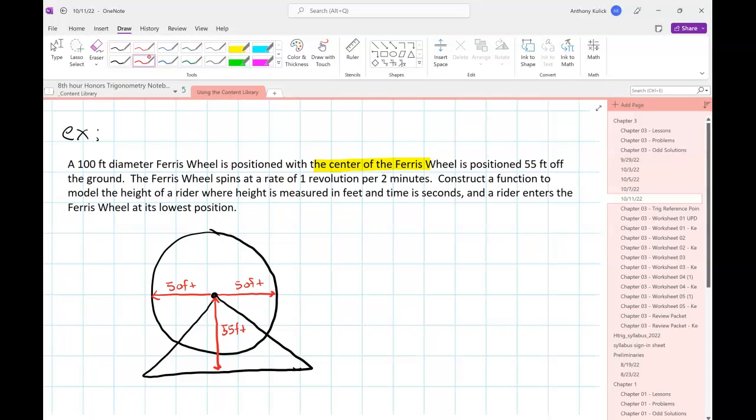Now it's asking me to model a function h of t, where h is the height and t is time. So the points on my graph would be time, comma, height. Everybody's okay with that?